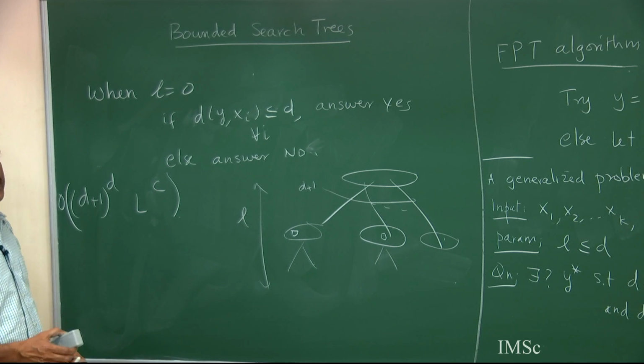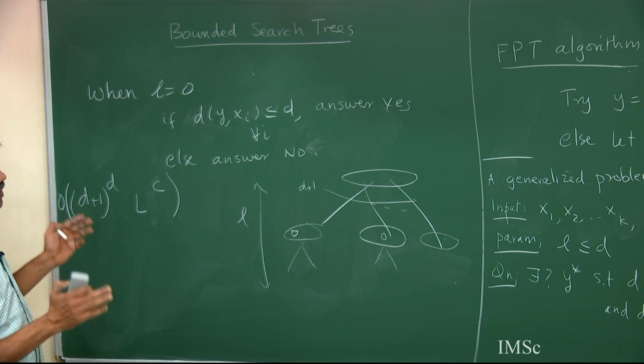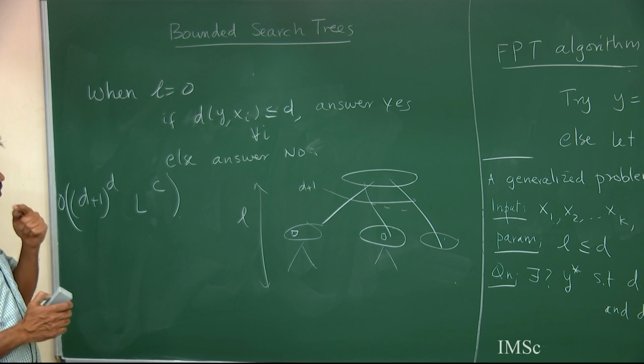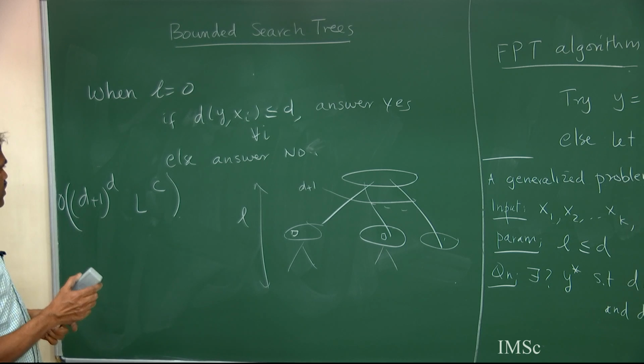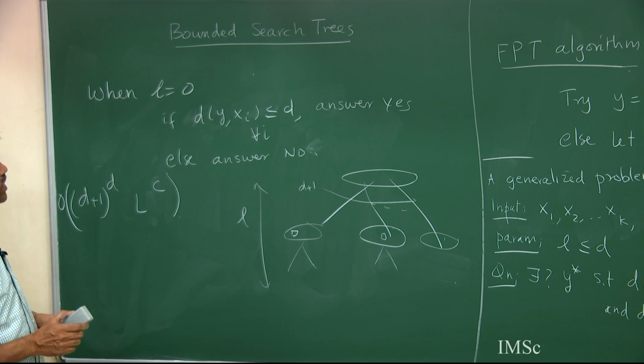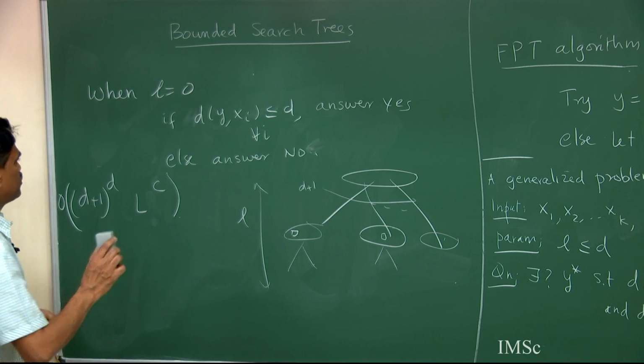Okay, let's get back to the vertex cover problem again. There the measure will be slightly different, and we will look at the branching algorithm for that, which I alluded to last time.